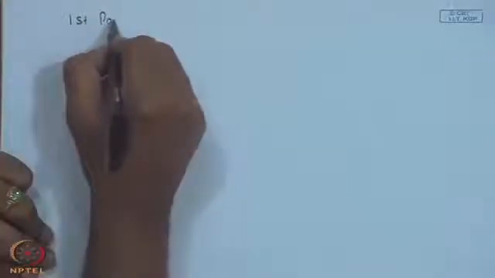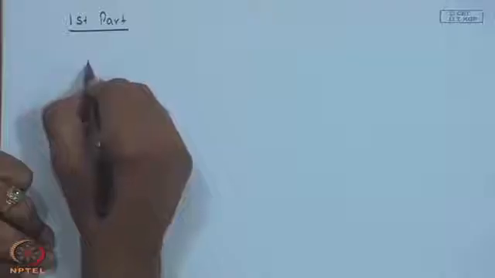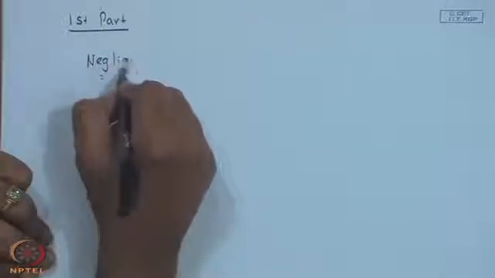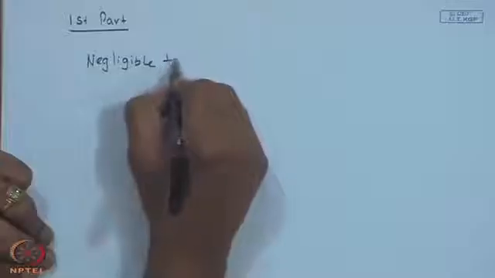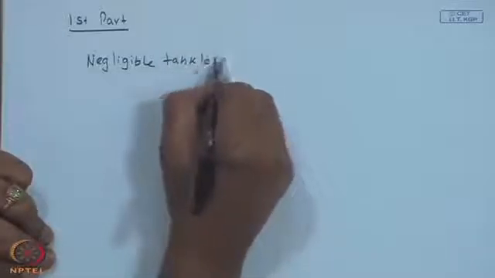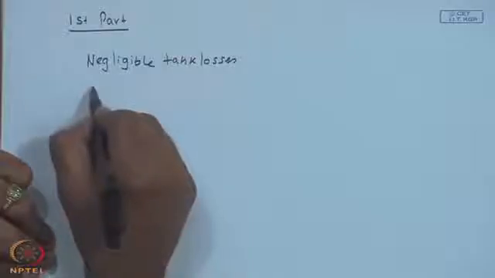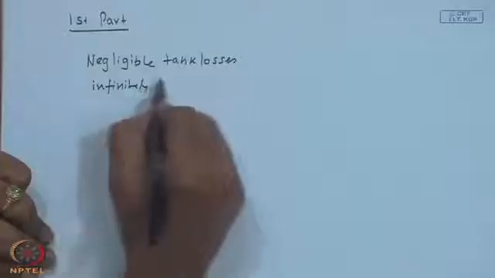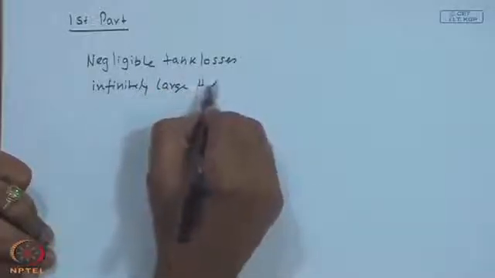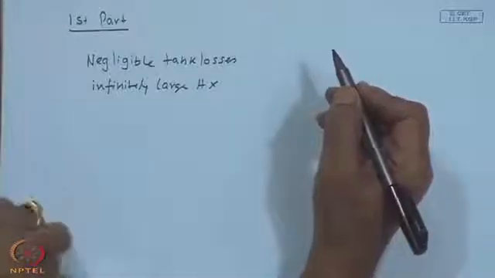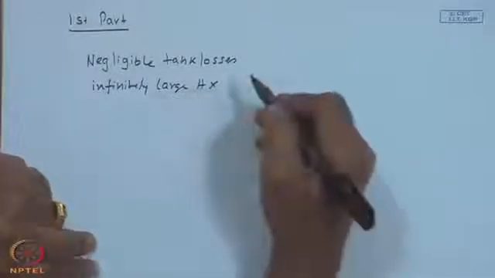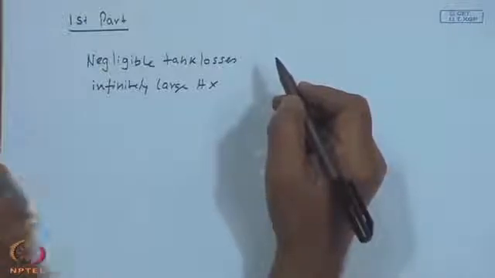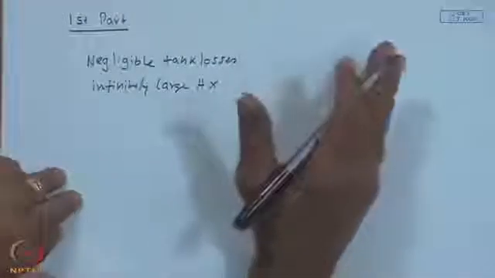Also, first, negligible tank losses and an infinitely large heat exchanger. Those of you who are familiar with heat transfer would not find it surprising; an infinitely large heat exchanger is nothing but saying that delta T is 0 across the heat exchanger.